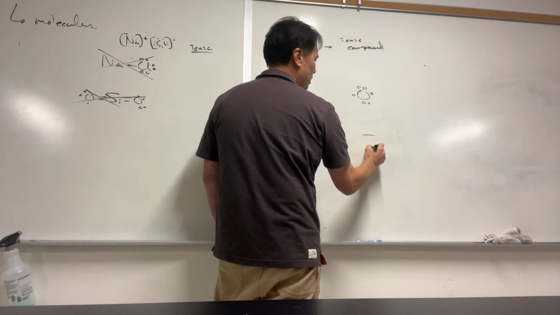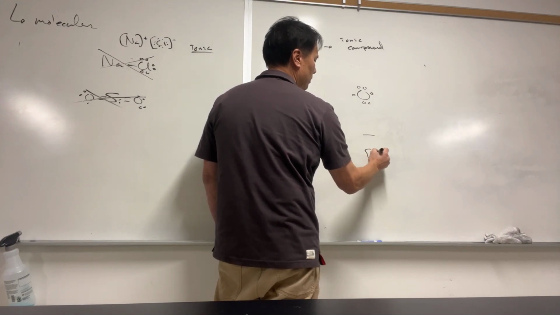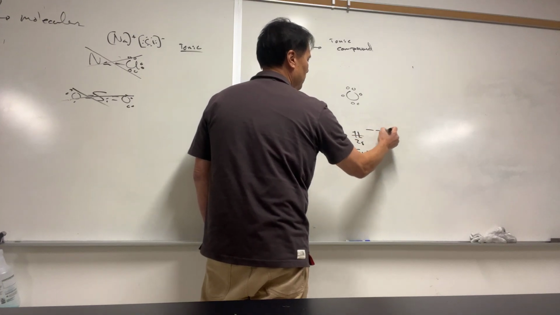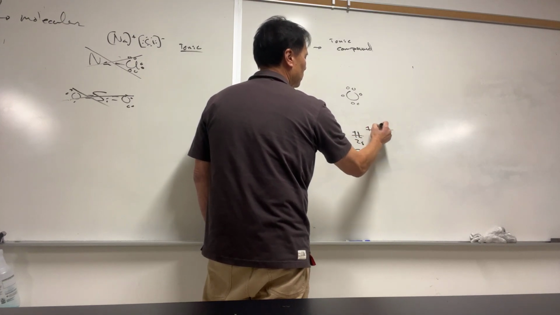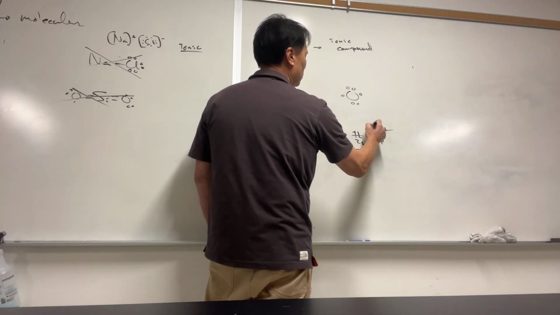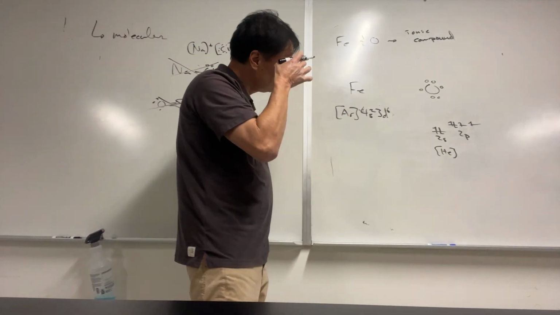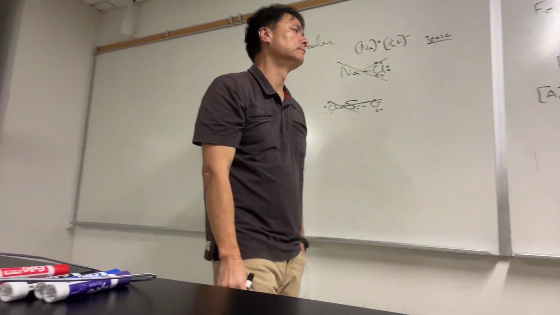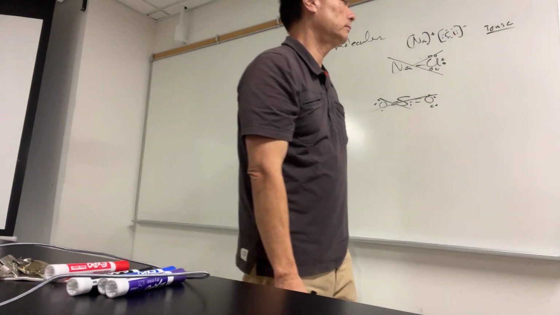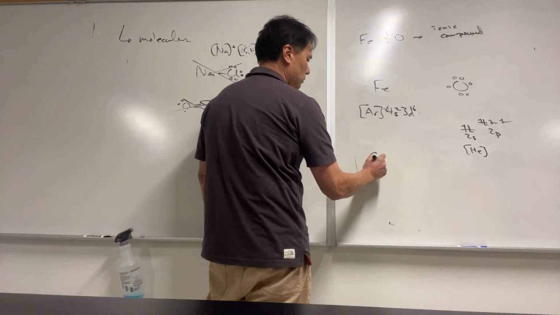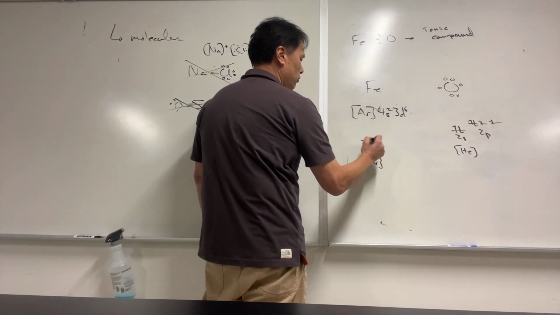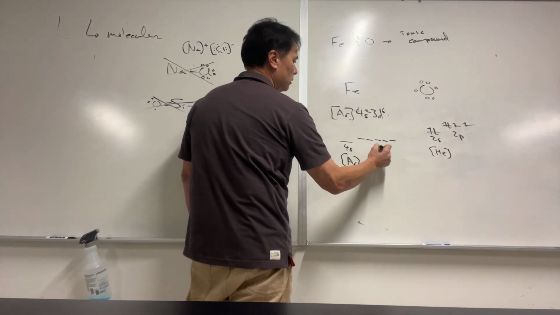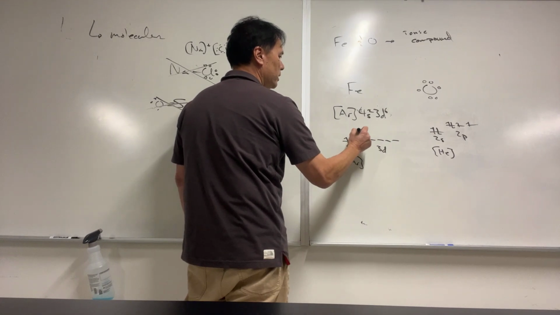But we know it's going to be helium, 2s2, 2p4. And iron is going to be argon, 4s2, 3d6.